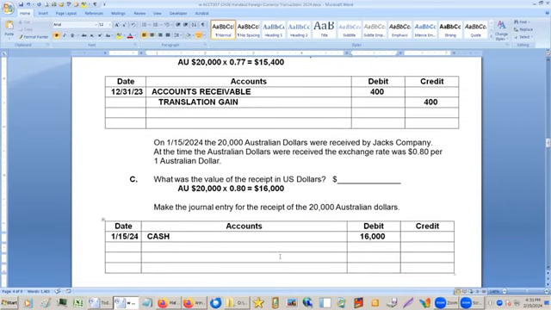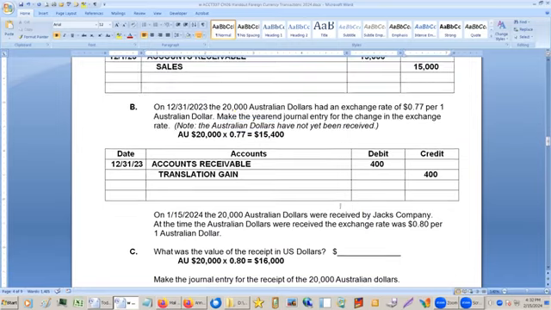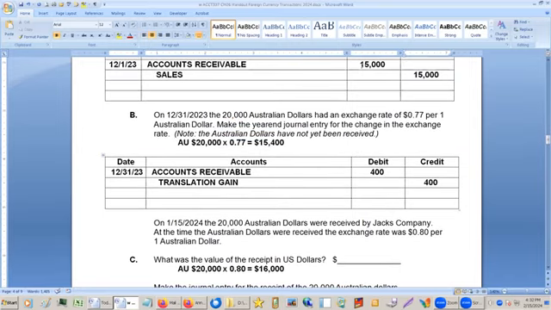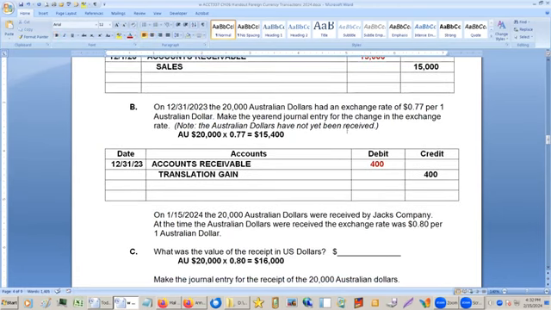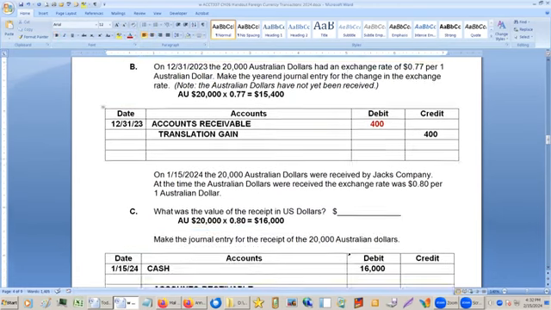How much do we need to take off for the accounts receivable? We're going to take off the 15,000, and 400 is in that account too. So we're going to take off 15,400.